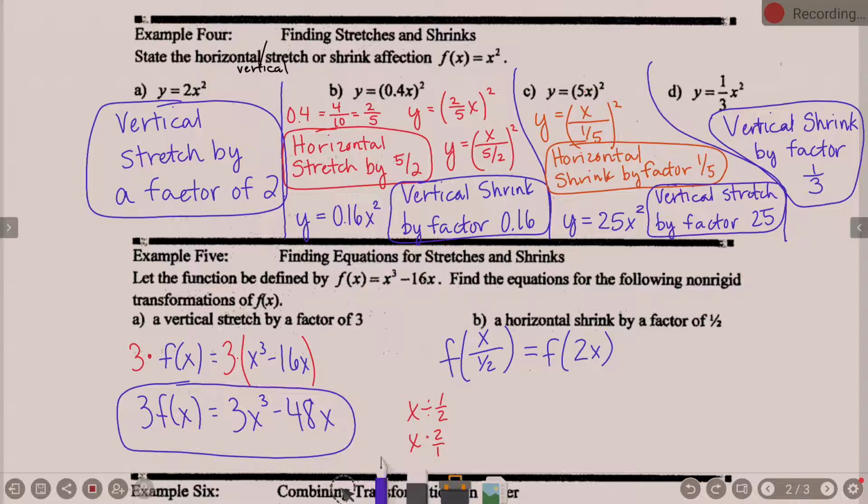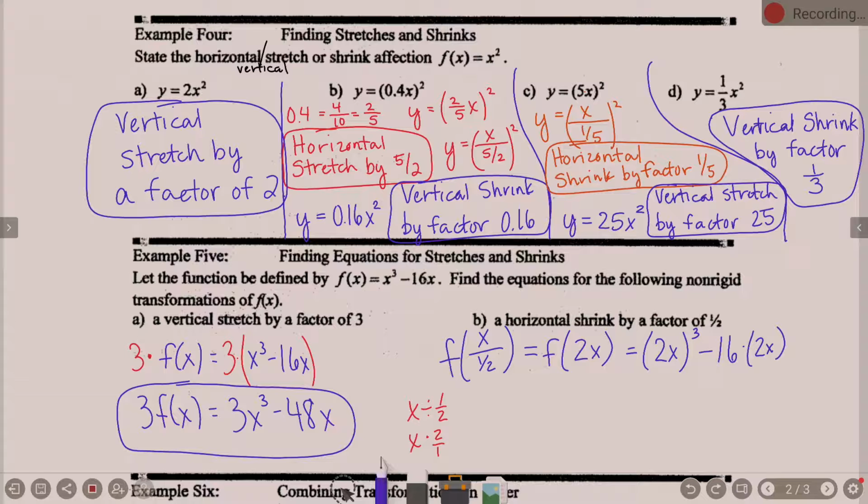So go back to your original function. It was x raised to the power of 3. Instead of x raised to the power of 3, we're going to say 2x raised to the power of 3. Notice I put that 2x in parentheses. Instead of minus 16 times x, it's going to be minus 16 times 2x. Every place I saw an x, I replaced it with 2x.